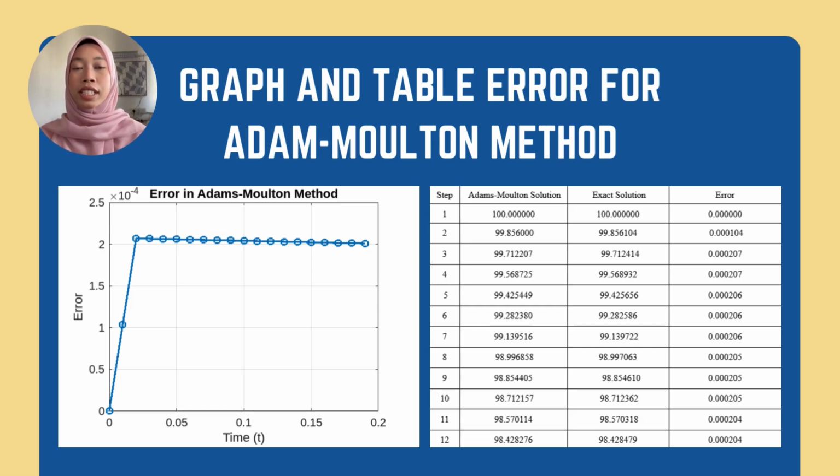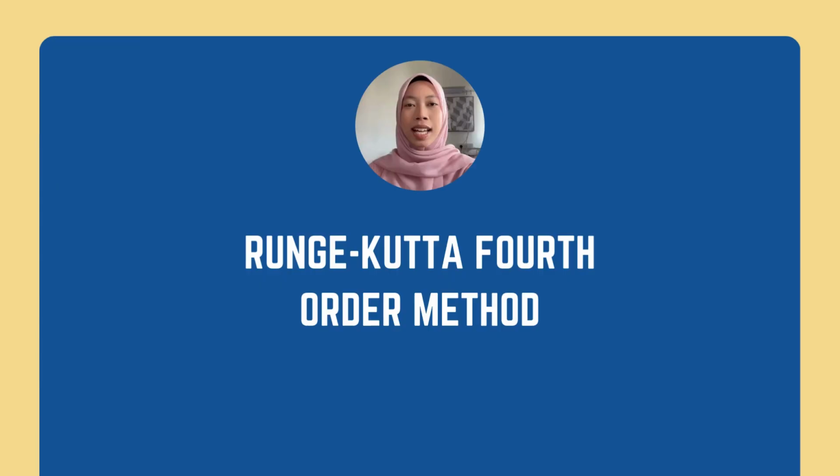Based on these 3 methods, the Runge-Kutta error is very small, so this method is very accurate compared to Adams-Bashforth and Adams-Moulton. As for this presentation, we have to choose one method to explain. So we choose Runge-Kutta as the method that we will explain for the problem assigned.